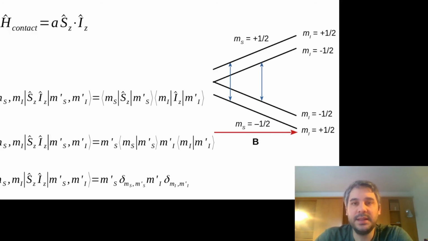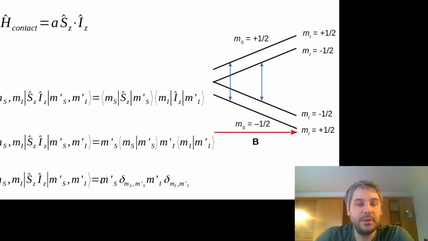So the Kronecker delta is the discrete version of the Dirac delta function, which applies to continuous functions. So basically we get that the whole effect of the Sz times Iz Hamiltonian on the different bra and ket possibilities is equal to m prime s times m prime I times the deltas. So the deltas imply that ms and m prime s have to be the same value.